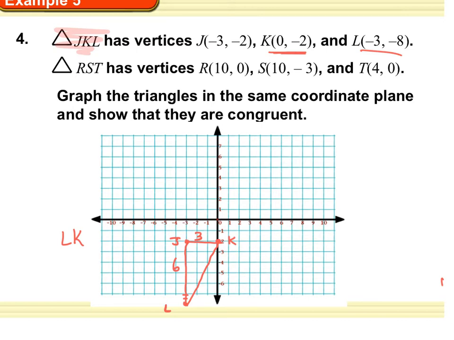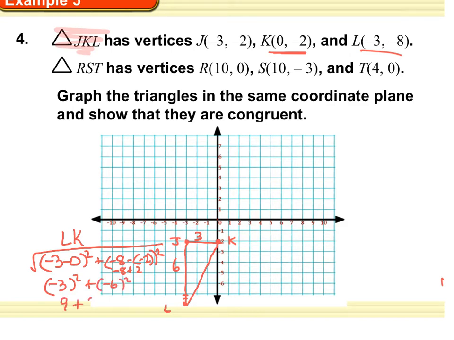I'm going to subtract the x's: negative 3 minus 0 squared, plus negative 8 minus negative 2 squared, all under the square root. Negative 3 squared, plus negative 8 plus 2, which is really negative 6 squared.